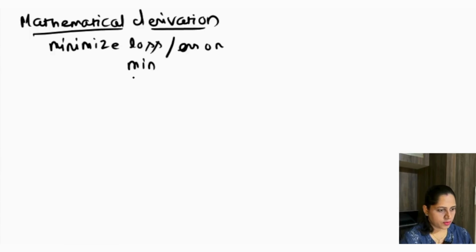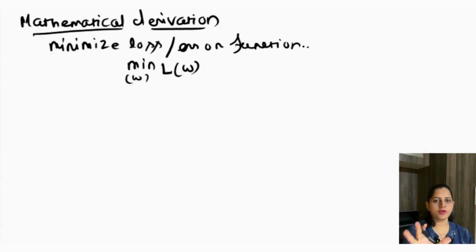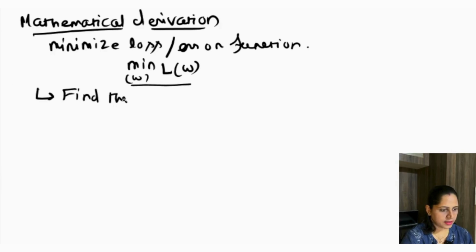For a particular given weight, I need to minimize my loss or error function. Loss and error are nothing but a loss function, right? So this is my loss function. The next step is to find the best weight W such that the loss is minimum.